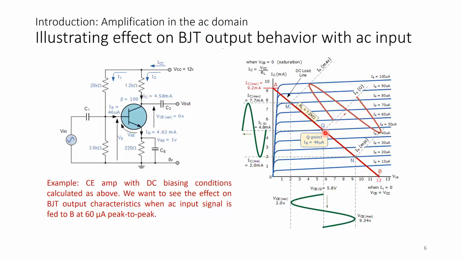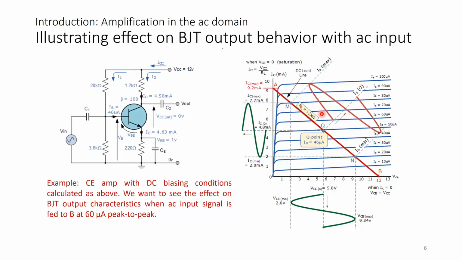Now what happens when Vin oscillates with a 60 microamp peak to peak? The Vin goes into IB, which means IB will now change along this load line, going 60 microamps peak to peak. This is how IB changes, and we are drawing the sinusoidal effect next to it.